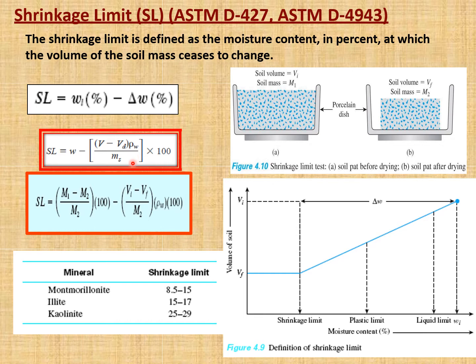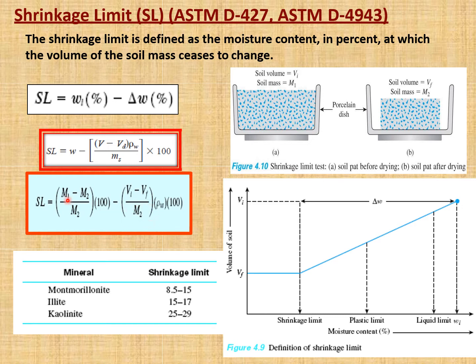M2 means the mass of the dry soil, or you can say MS, that is the mass of the dry soil, into 100. Or you can write this formula like this: M1 minus M2, divided by M2, multiplied by 100, minus V sub I minus V sub F, times rho W, divided by M2.